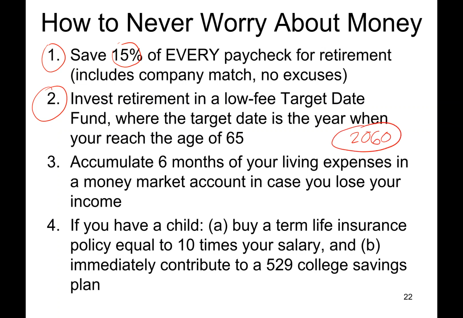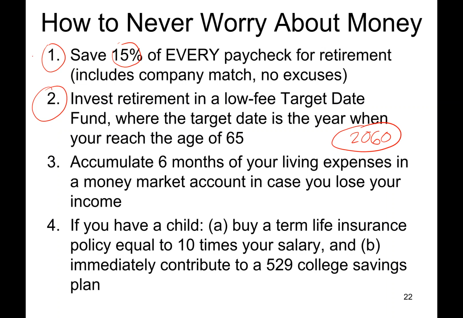What you would try to find is the lowest fee 2060 fund. What that fund is going to roughly do is be mostly stock as you're young, and as you get older it gets a little more bonds and cash, so it's going to reduce your risk over time. And you want to find the lowest fee. So it's probably going to be something like a Vanguard 2060 fund or a Fidelity 2060 fund.